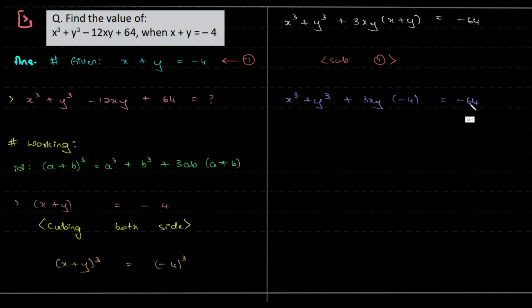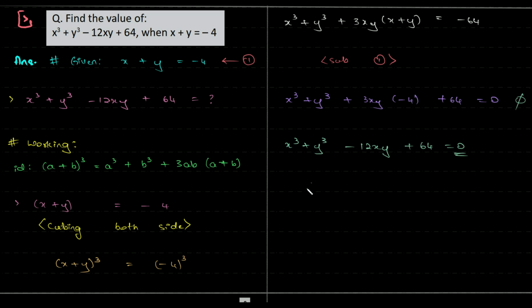Or I can transpose this and write plus 64 is equal to 0. Actually, I need not write the previous step. I can directly write this plus 64 is equal to 0. Okay, therefore the solution is 0 itself.